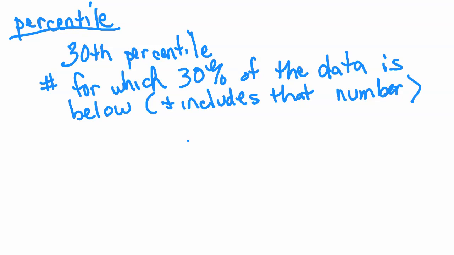So some books don't include the number, but our book does. So when we do this in Excel, it's dot INC for include. So if we want, say, let's do the 30th percentile in Excel.